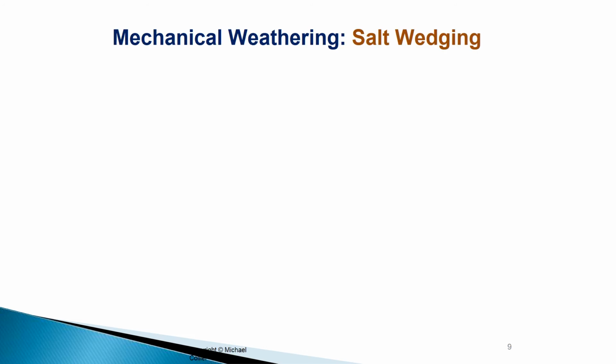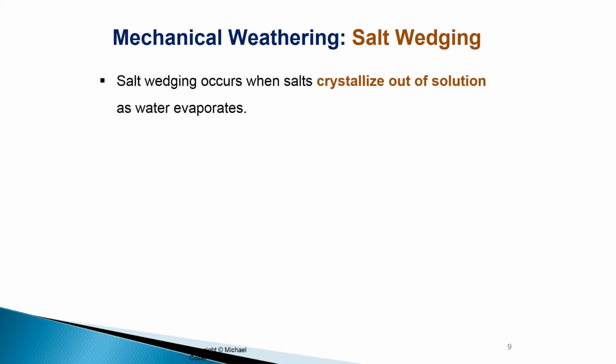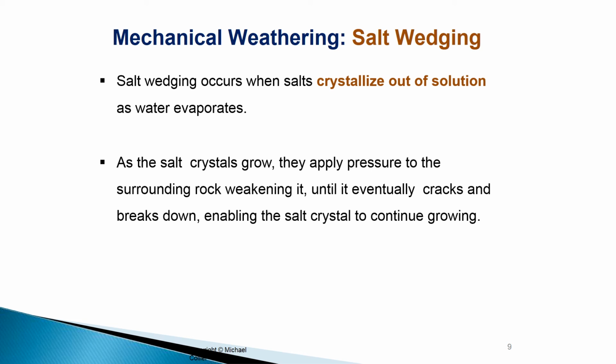A second type of mechanical weathering is salt wedging. Salt wedging comes about when salts crystallize out of solution. You have a lot of solutions that contain salt and other minerals or elements. When the water evaporates, those salt crystals grow, in the same scenario as ice.